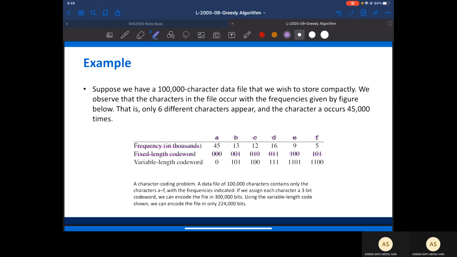If we use a fixed length code word as such, we can approximate that the file can be encoded in 300,000 bits.